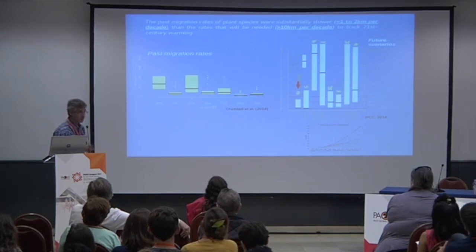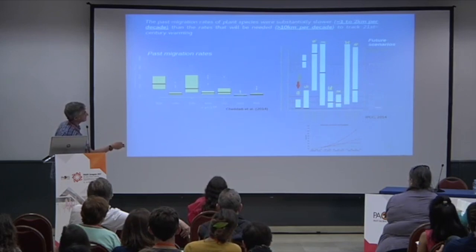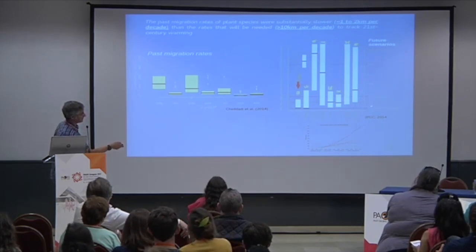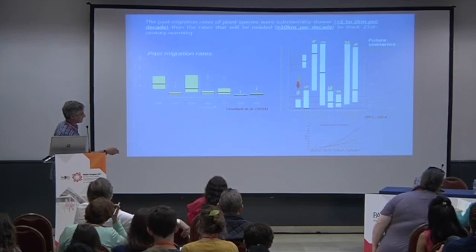So can they move? Well, actually not very much, because these are the trees, and this is the IPCC synthesis with different climate scenarios. I'm sorry, you can't see it very well, but on the right-hand side, you have different RCP scenarios, and the last one here is the RCP 2.6, and the summary of these RCP scenarios are here.